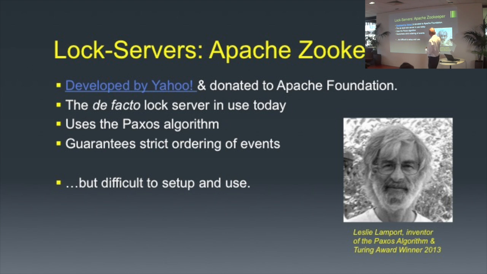Paxos was invented by this guy, Leslie Lamport, who won the Turing Medal in 2013 for his work on distributed systems. He was trained as a physicist, and he used relativity theory to understand how events and the order of events can be used to provide these strong levels of consistency. So, Zookeeper had to be developed by rocket scientists, basically.